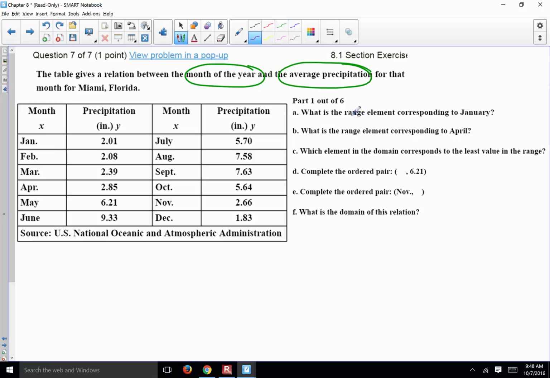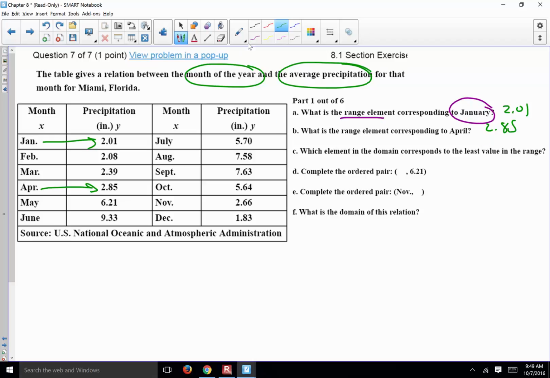They're asking what is the range element corresponding to January? Anyone? Part A? Yep, you read January 2.01. What is the range element for April? Which element in the domain corresponds to the least value in the range? You're going to find the least value in the range and figure out what month corresponds to that.